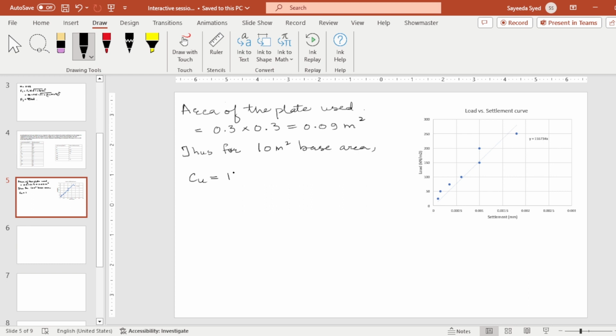So let's calculate this. And this comes out to be 1.42 into 10 to the power 4 kilonewton per meter cube.